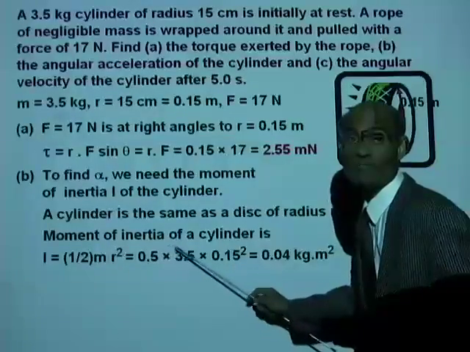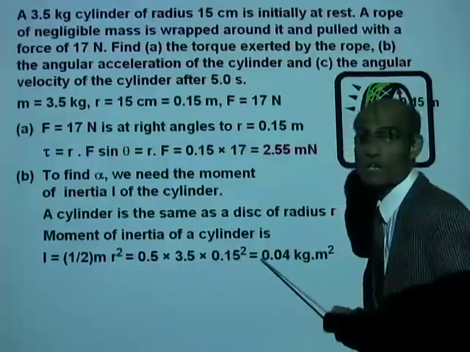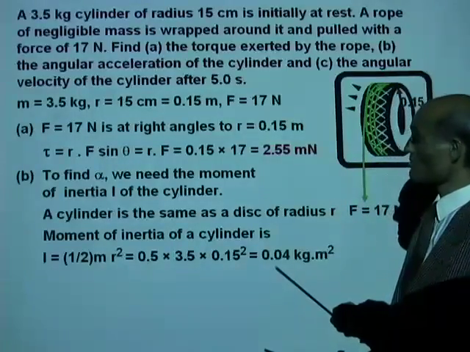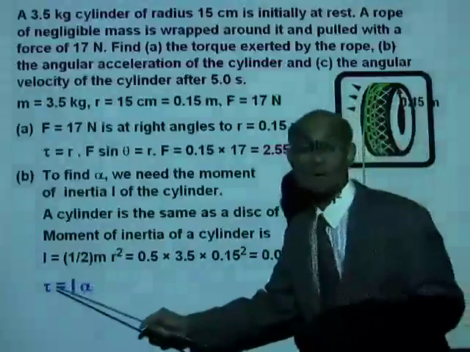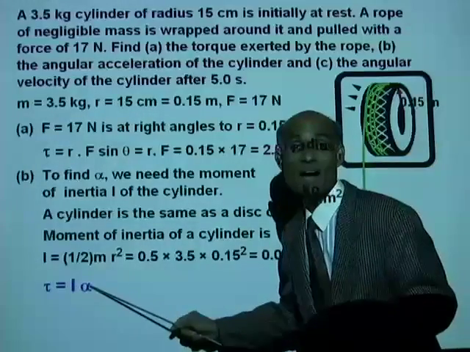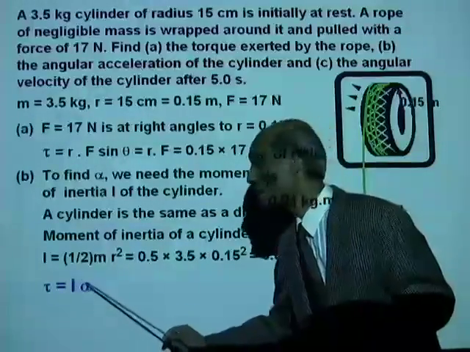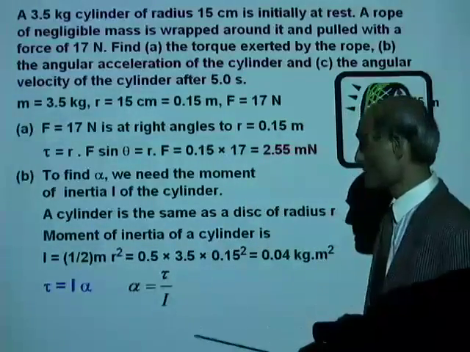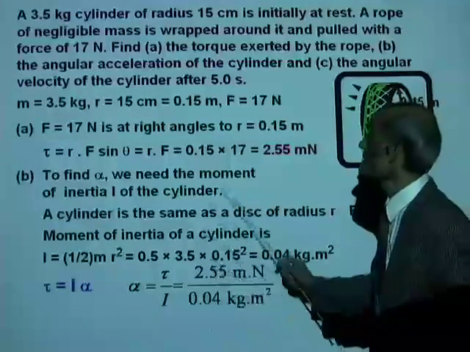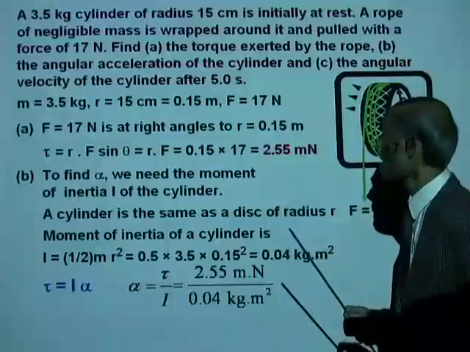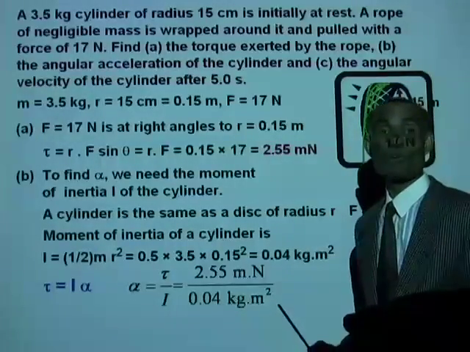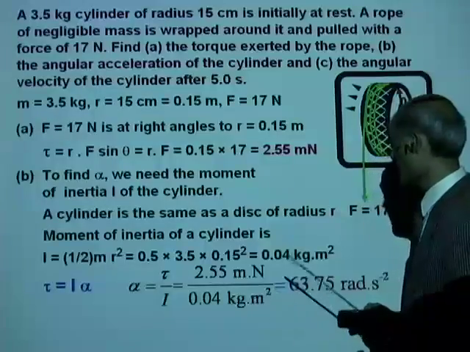So 1/2 mr squared is 0.04 kilogram meter squared. And now tau equal to I alpha, therefore alpha equal to tau divided by I, and we have those values. Tau is 2.55 meter Newton and I is 0.04 kilogram meter squared.